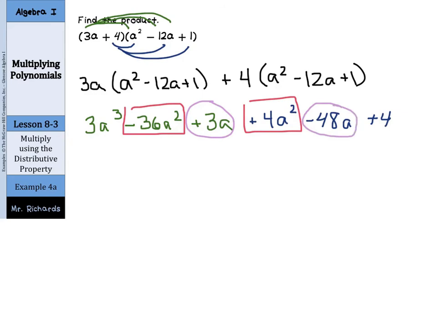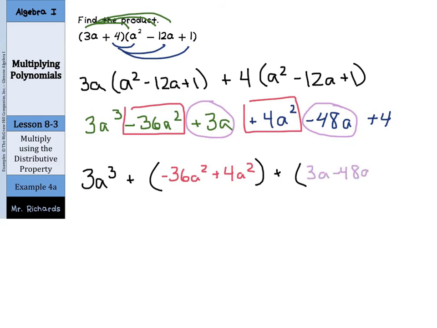And so as we write this answer out, we'll have 3a cubed, and then just to show this step here, plus, where we're combining these, negative 36a squared with the 4a squared, and then adding that to the single a's, 3a minus 48a, and then plus 4.